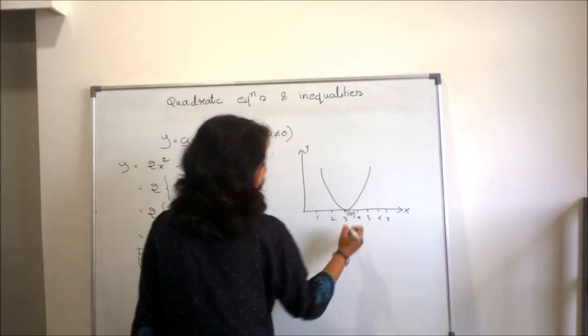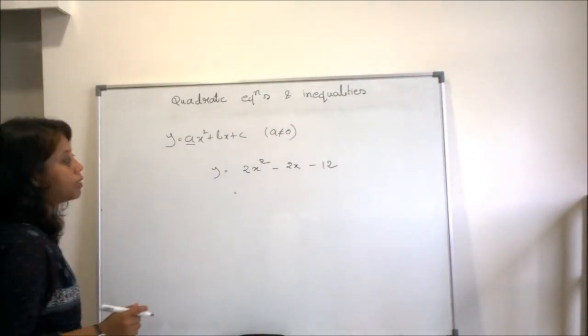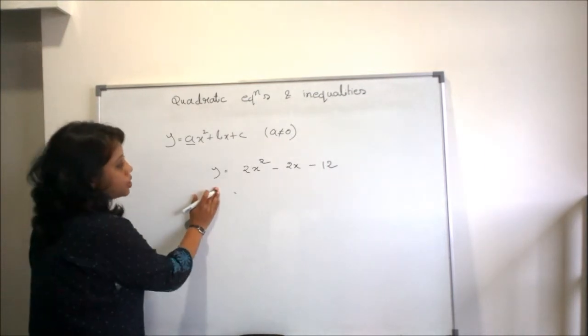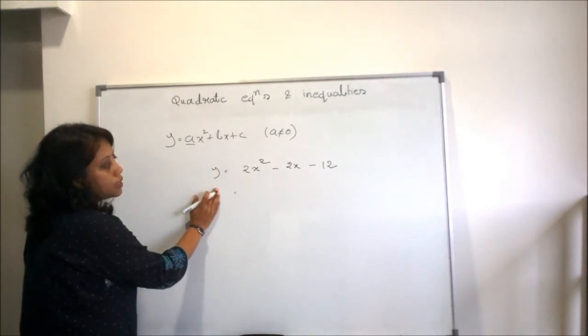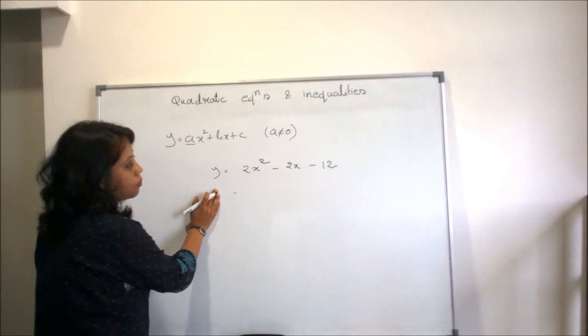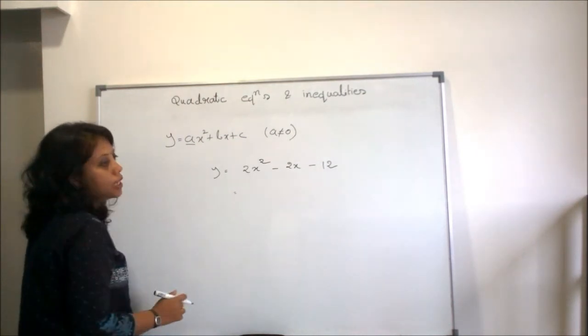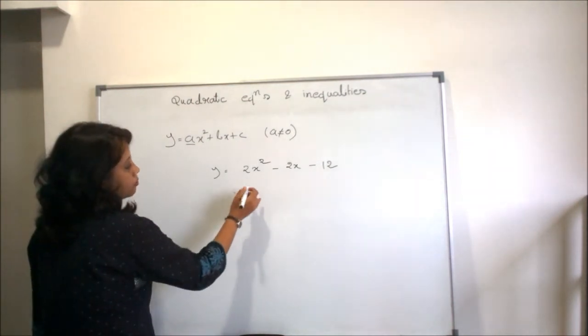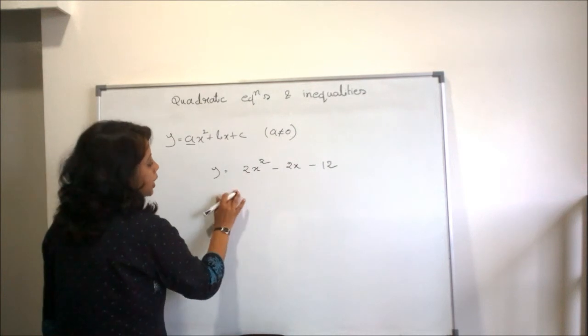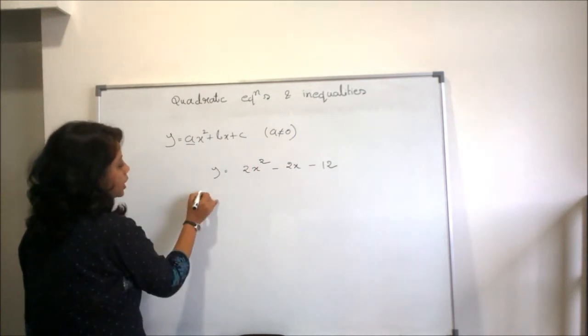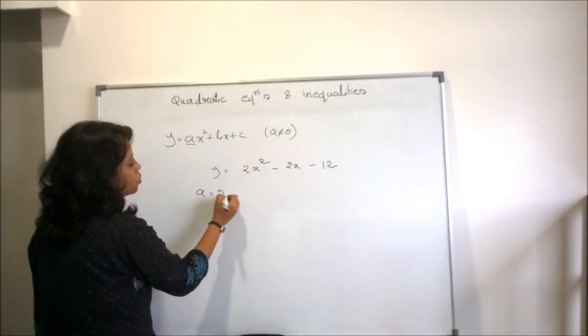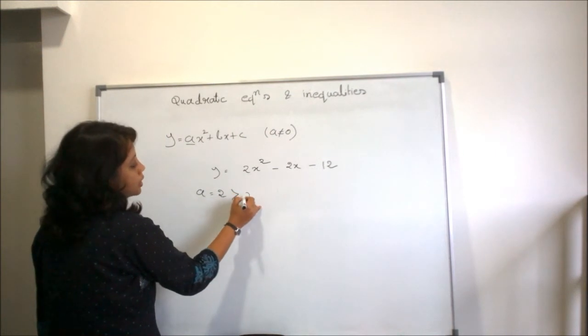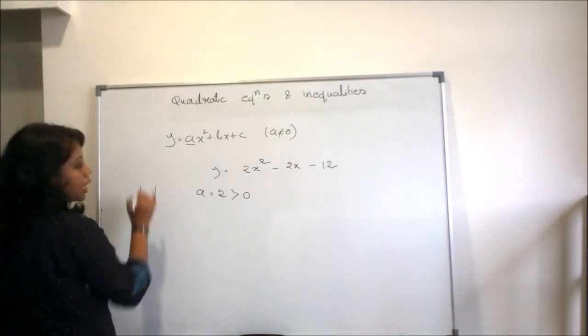Now the next problem: the quadratic function is given as y equals 2x squared minus 2x minus 12. First we compare it with the general equation and we can say here a is equal to 2, which is greater than 0, so our curve will look like this.